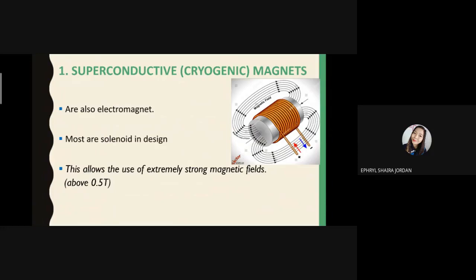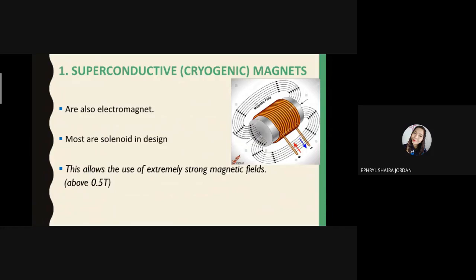An easy way to picture this is to curl the fingers of your right hand, then stretch out your thumb as if you're trying to hitch a ride along the side of the road. Imagine that the fingers of your hand represent the direction of the electric current, and your thumb then points in the direction of the magnetic field generated by the current in your fingers.